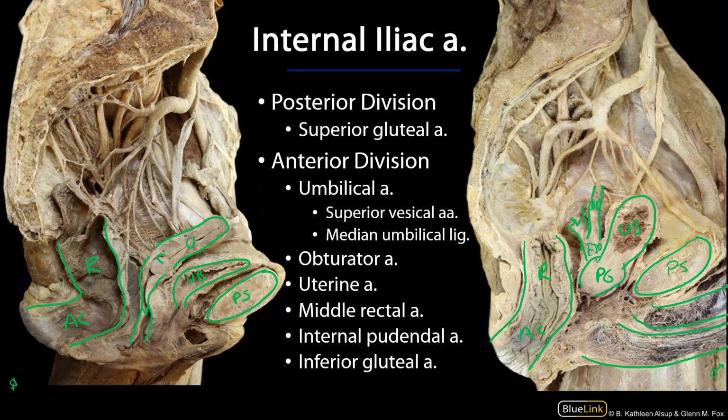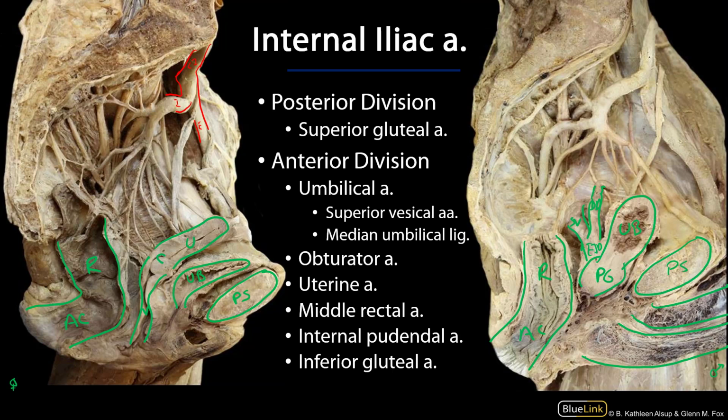And let's take a look at some arteries. So let's go red here. So here we can see the common iliac artery heading down this way. That's common iliac, and it is going to bifurcate. There's the external, and here is the internal iliac.